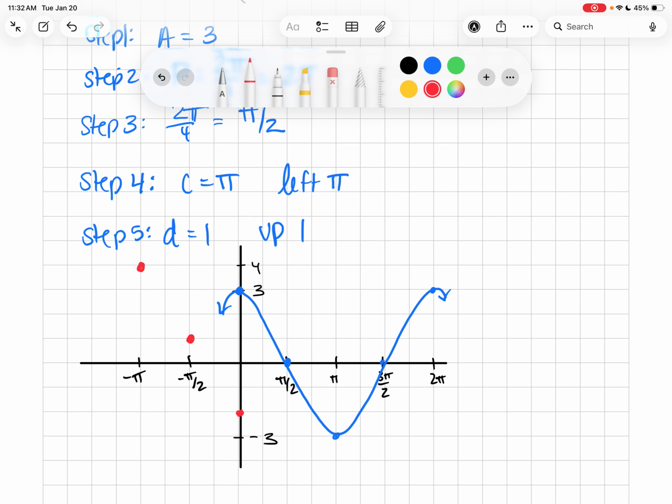The point that was at 3 pi over 2 is going left to pi over 2, up 1. And then the point that was at 2 pi is going left to pi, up 1. And then we can connect it. And again, make sure you put final on here so that it's obvious of which one you're looking at.